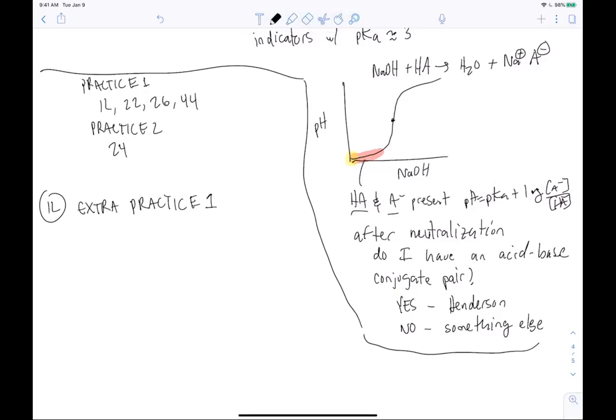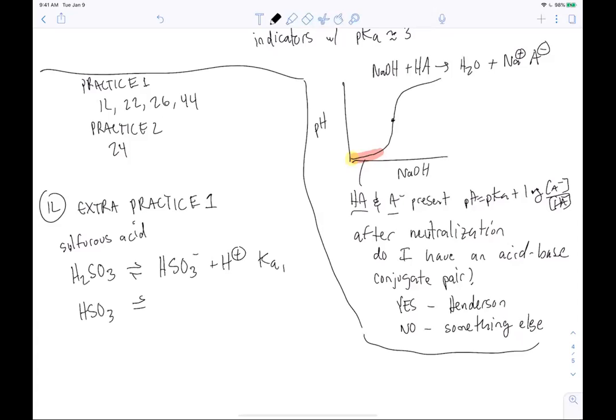It asks, which equation represents Ka2 for sulfurous acid? Here you have to know what sulfurous acid is. Sulfurous acid is different from sulfuric acid. Sulfuric acid is H2SO4. Sulfurous acid is H2SO3. Ka1 for this is just the removal of the first proton, and Ka2 is the second proton.